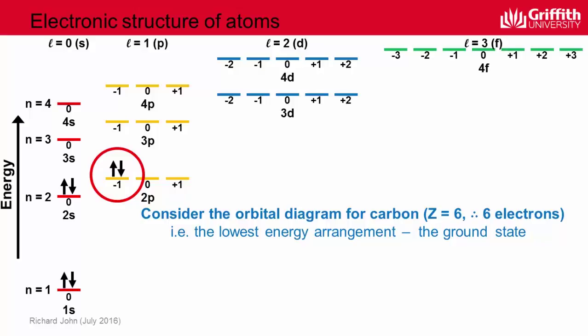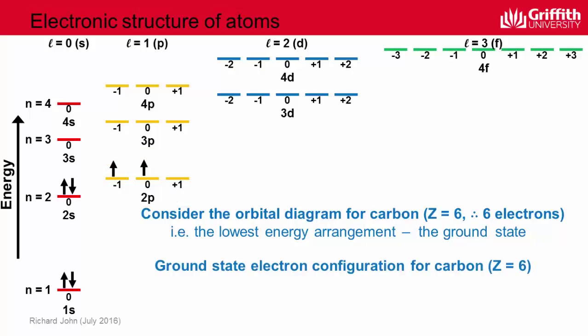Hund's rule says that to have the lowest energy arrangement, I must put the electron in a separate orbital within that subshell and have the spins parallel. In other words, have them both spin up or both spin down. And it doesn't matter which way, but they have to both be the same. Now the ground state electron configuration for carbon we can therefore write out.